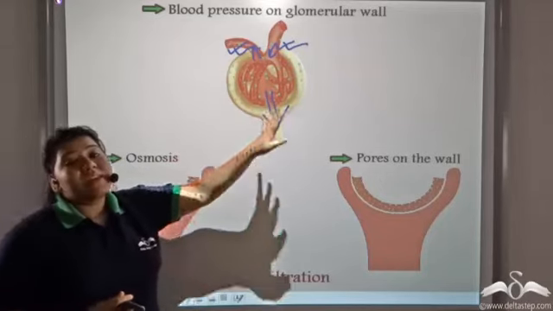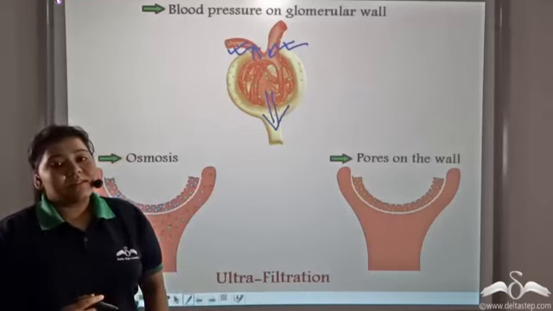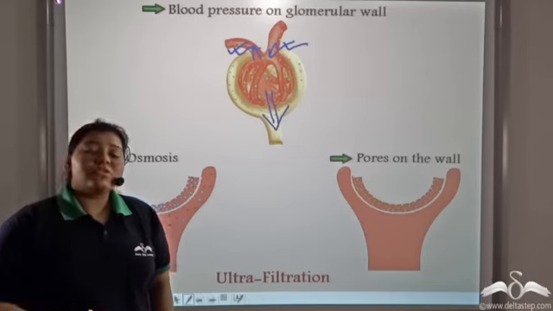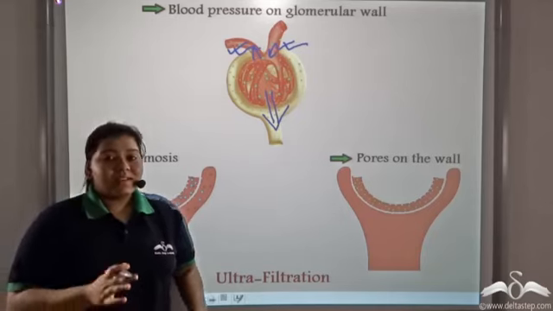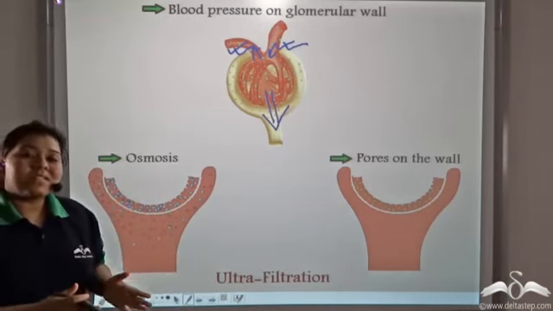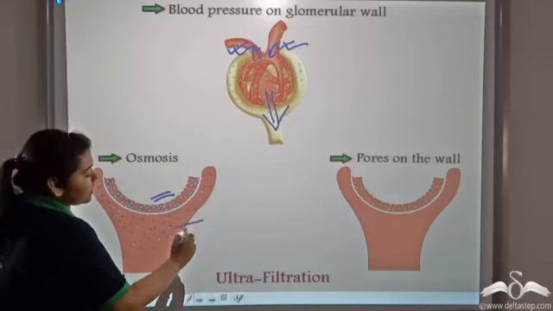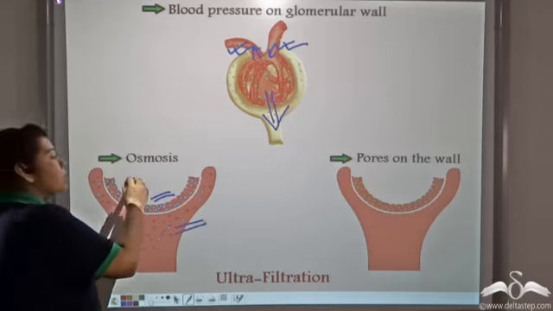Now, also, there are pores present between the cells on the wall. Depending on their size, molecules which are able to pass out through these pores get filtered out. Thirdly, because of the difference of concentration of water in the glomerulus and the Bowman's capsule, water gets filtered out by osmosis.